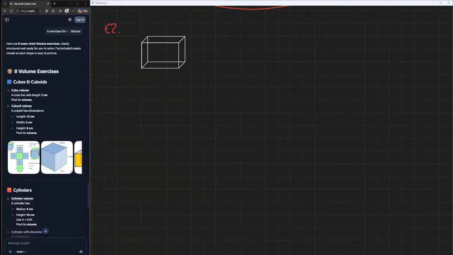It has a length of 12 centimeter, height 3 centimeter, and a width of 5 centimeter. Now, I'm not 100% sure that this one is this, but it has the same formula, okay? So we need to do 3 times 5 times 12.